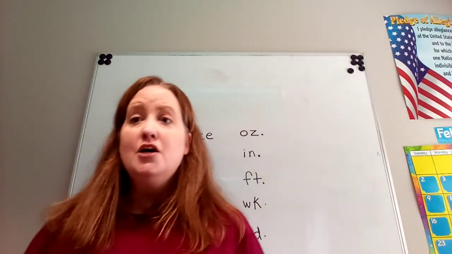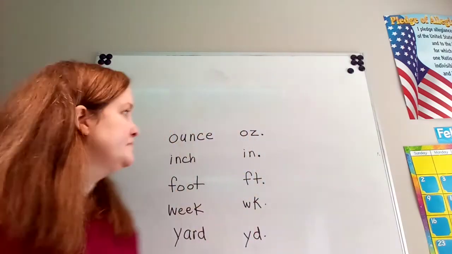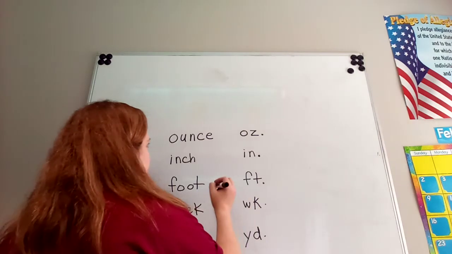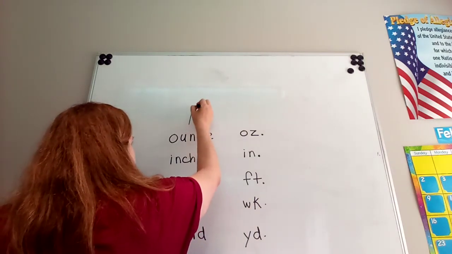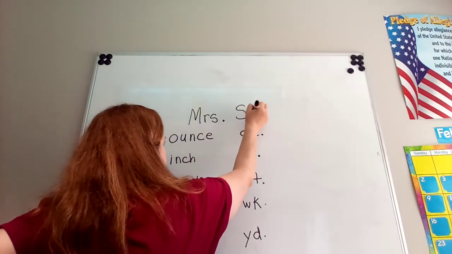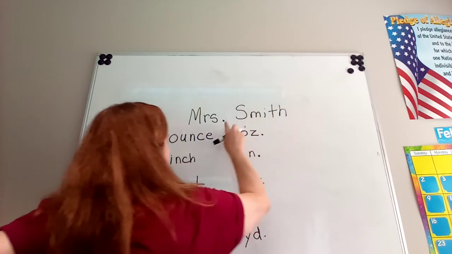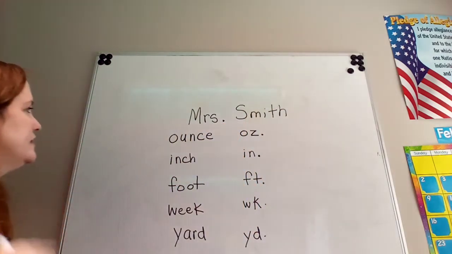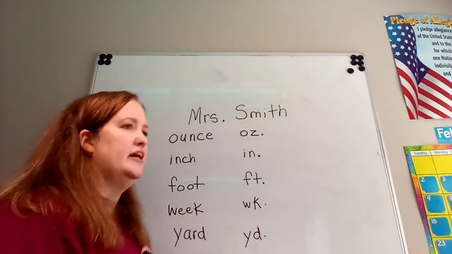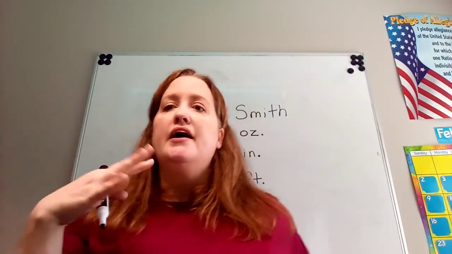That's one way you use a period at the end of an abbreviation. Like Mrs. Smith, period. People put periods after, like Mrs. Farrell, Mrs. MRS, period, and then the last name.